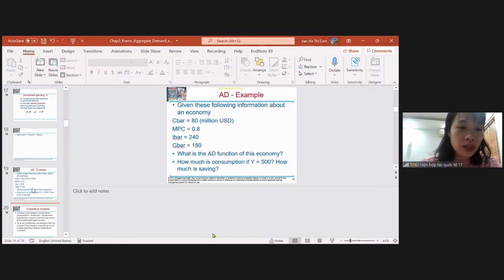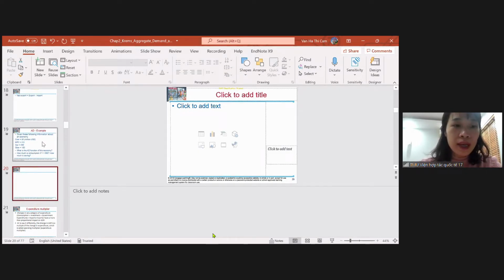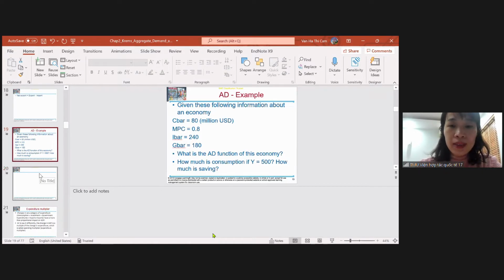All right, now if you want to solve this kind of example, they ask us to write the AD function for this economy, and then they ask us to compute consumption if income Y equals 500, and also how much is the saving, right?